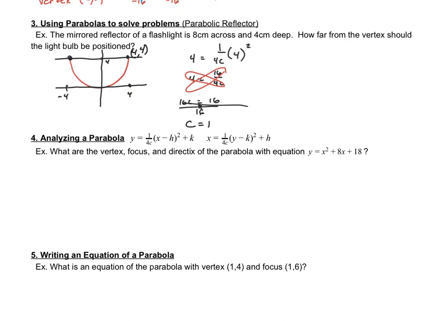You can do some inverse operations however you want to solve for c, and we know that c is going to be equal to 1. Well, if c is equal to 1, then we know that the focal length, the distance that we're looking for, is going to be 1 centimeter, and that's what that is standing for when we find out that c is equal to 1.